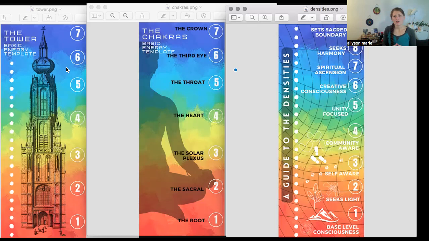Seven is a lot like fourth, except instead of coming out of physicality and superficiality to heart-centeredness and incorporating spirituality into the physical world, it's like the second level to that.